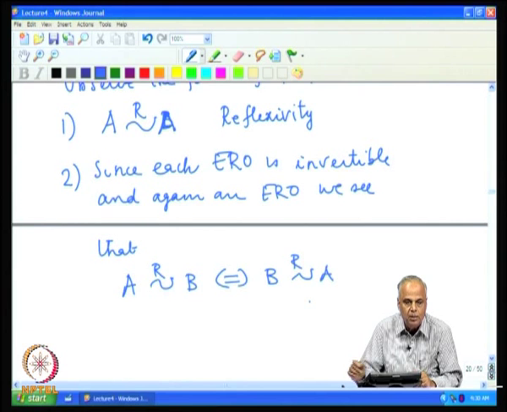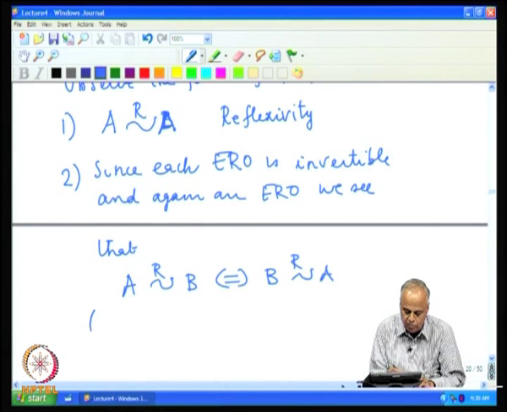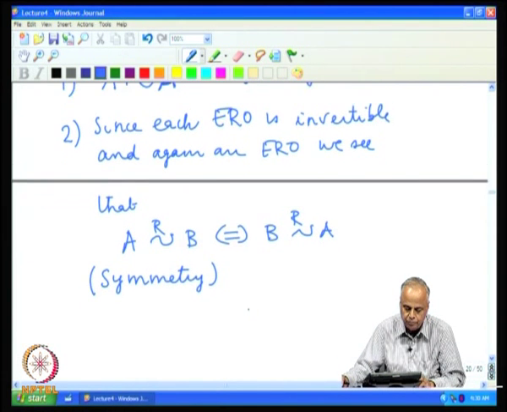This is called the symmetry property of row equivalence.